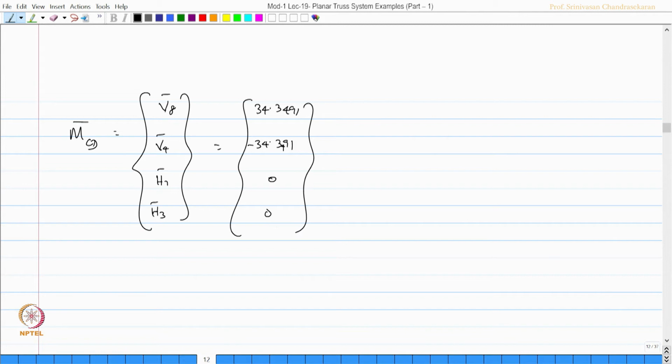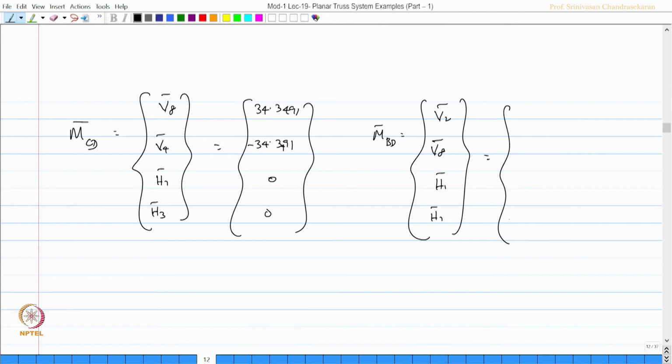Similarly, M bar BD, which will be labeled as V bar 2, V bar 8, H bar 1 and H bar 7, which will be minus 25.6509, 25.6509, 25.6509, again 25.6509.